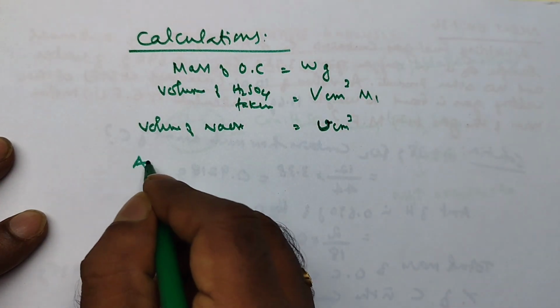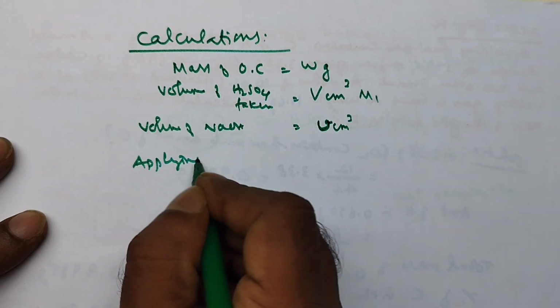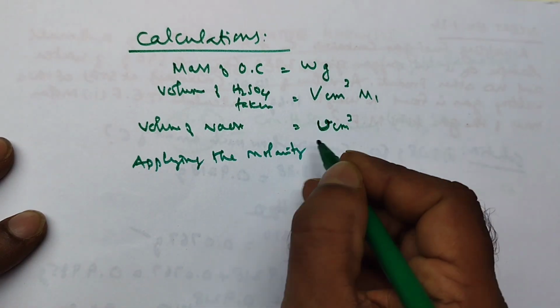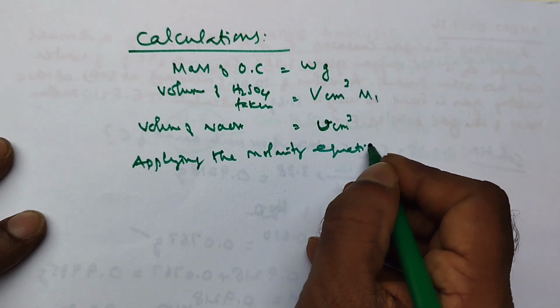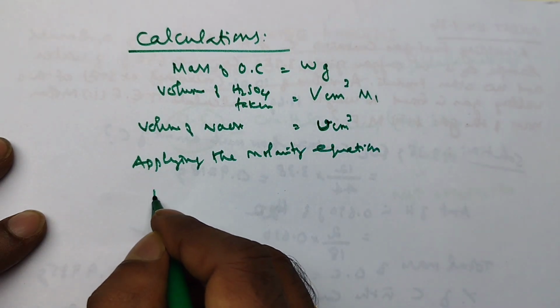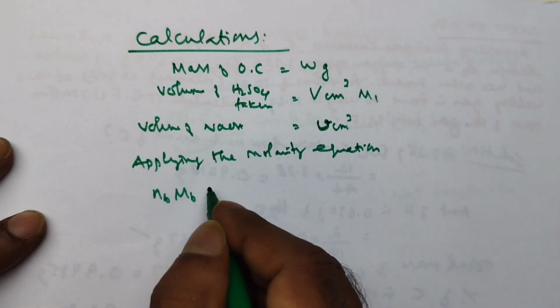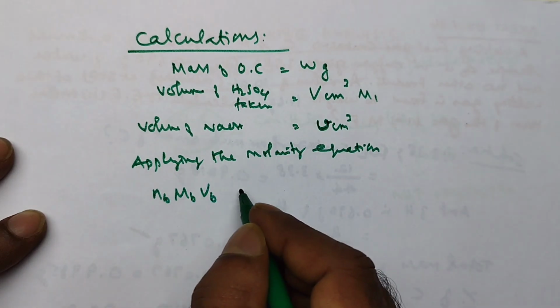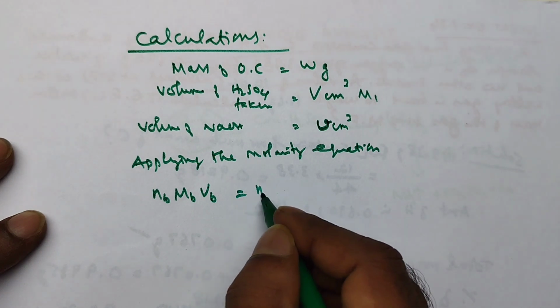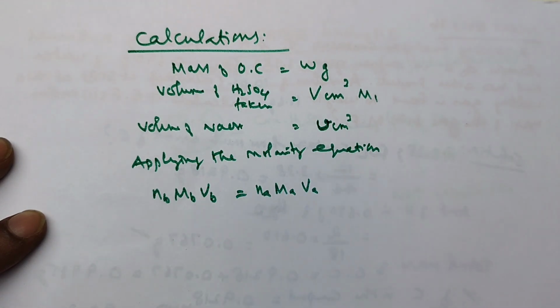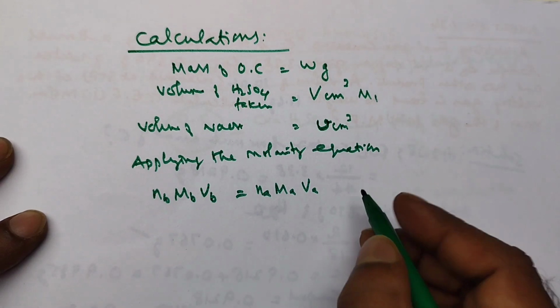Applying the molarity equation, NB MB VB is equal to NA MA VA. We have to define all these things.